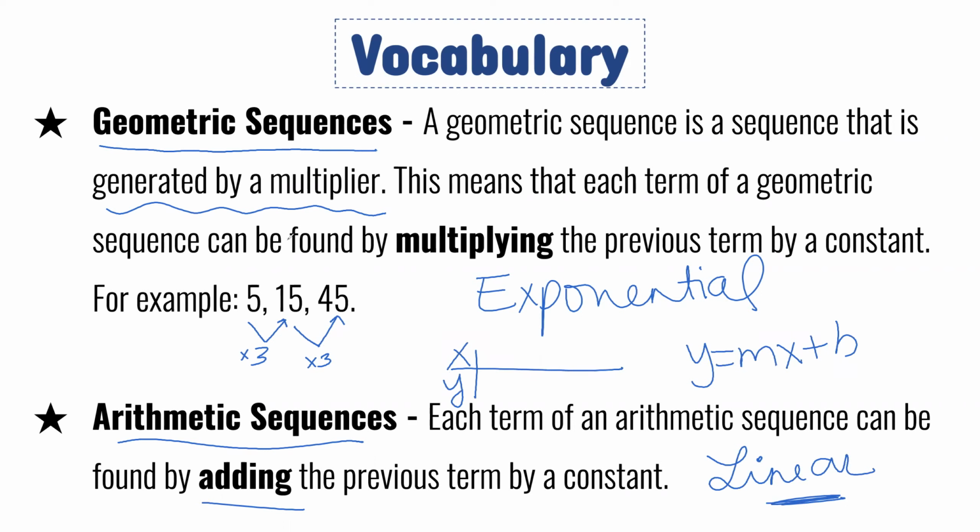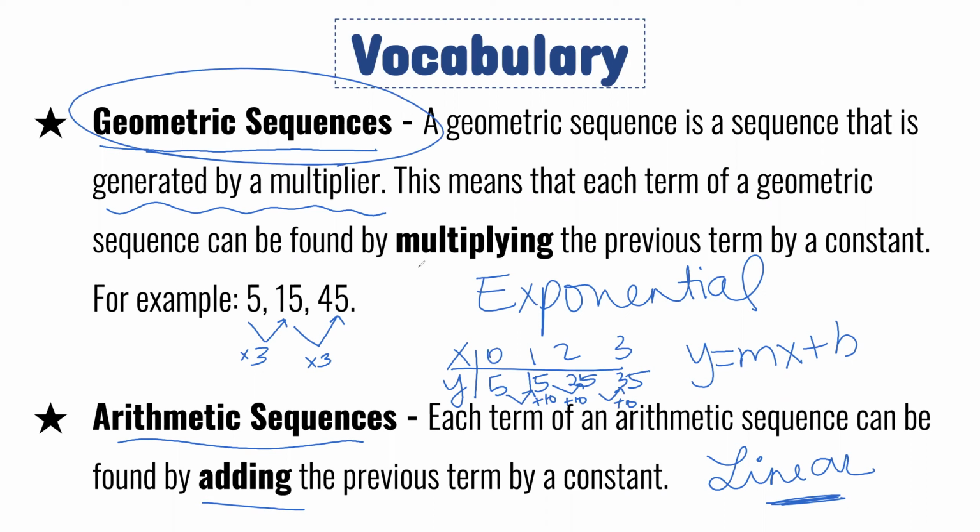So if I'm looking at an example here, 0, 1, 2, 3, if I had 5 here and I went to 15, I would actually be adding 10. 15 plus 10 is 25, plus 10 is 35. Okay, so an exponential is a geometric sequence where you're multiplying each term by a constant, whereas linear lines were arithmetic sequences because you added something to each term.